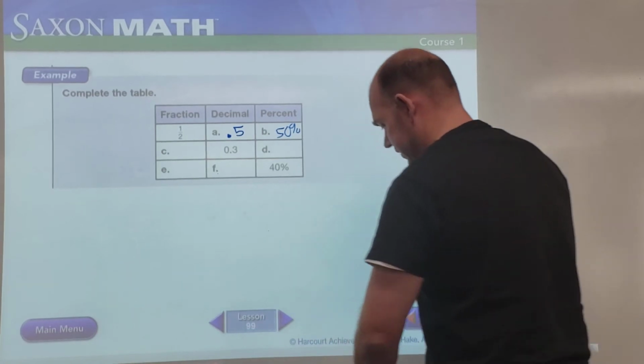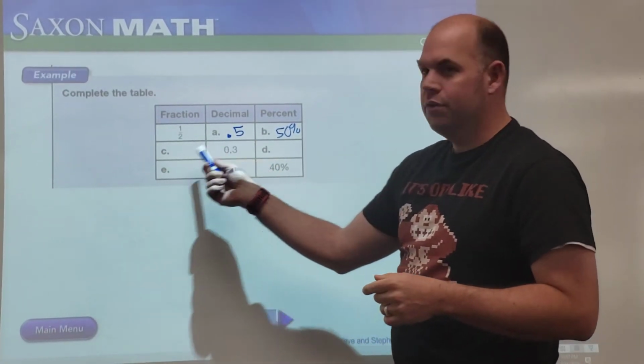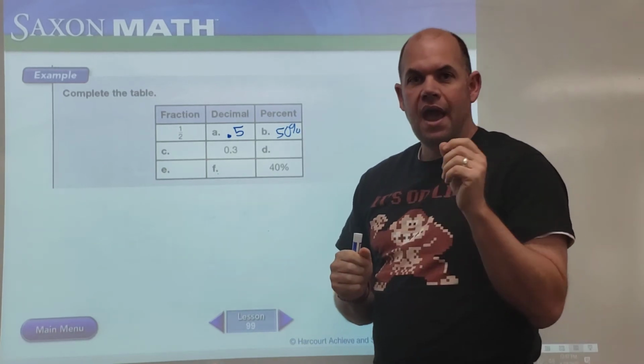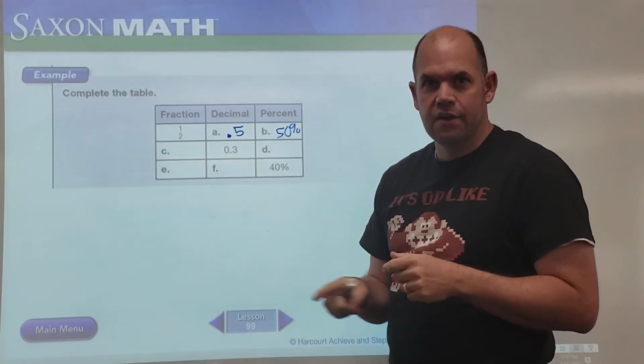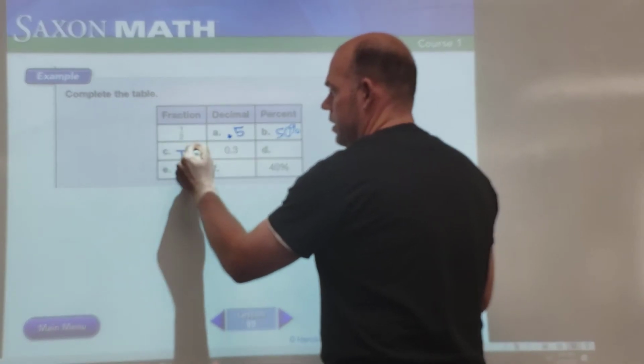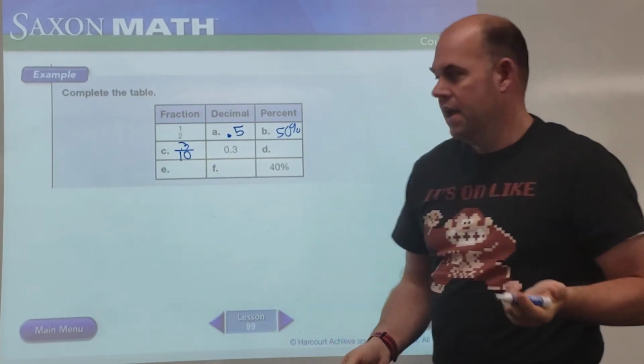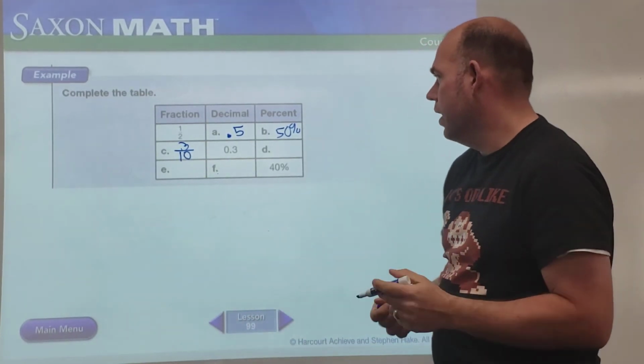Now on this second row, we've got 0.3 as our decimal. Now 0.3 going into a fraction, remember if we have something in the tenths category, we can just put tenths at the bottom. So it's 3/10, right? And that can't reduce, and so we've got our answer there.